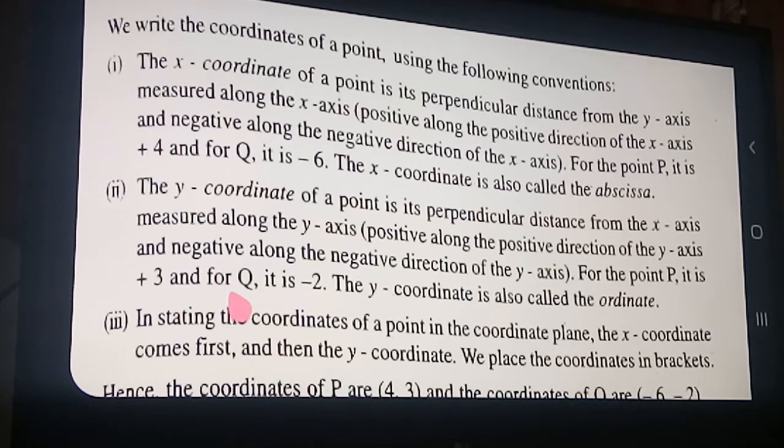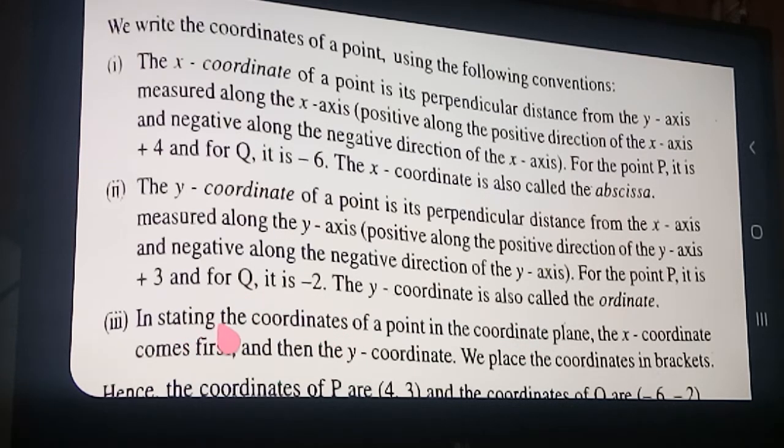And for the point Q in the previous diagram, -2. Therefore, the y-coordinate of the point P is +3 and the y-coordinate of the point Q is -2. So this y-coordinate we are calling ordinate. That only we have written down.